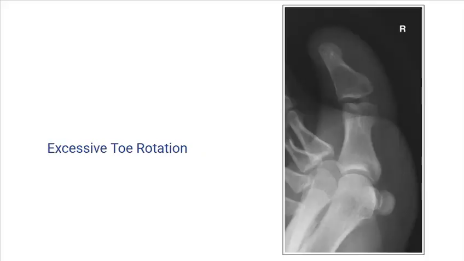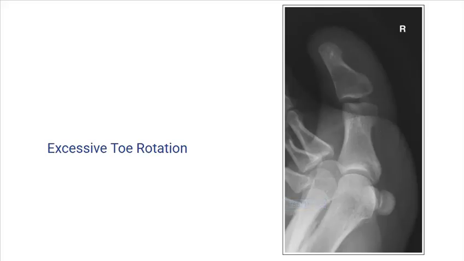On the other hand, excessive toe rotation is present when the condyles are again not superimposed, but the metatarsal heads are seen superimposing or positioned anterior to the first toe.